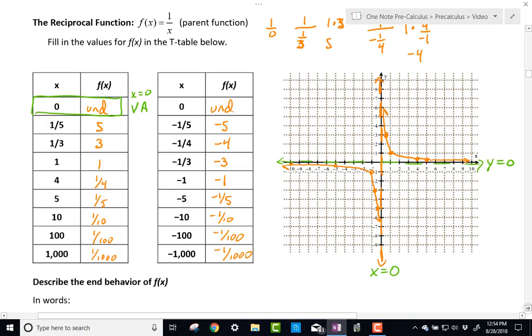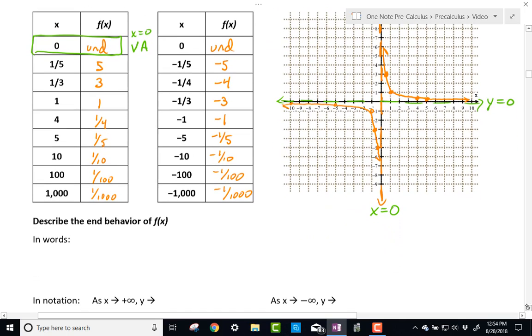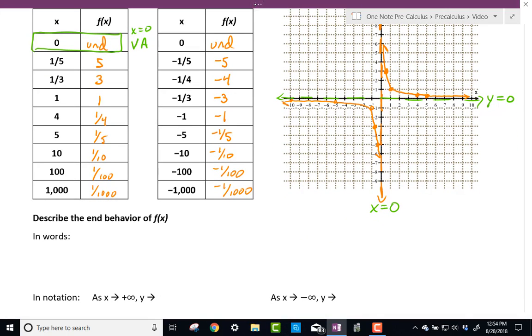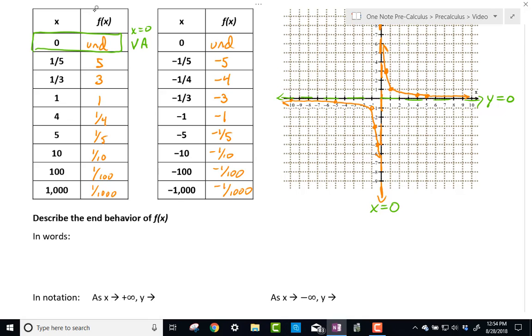All right, so here we go. Let's take a look. The next section talks about end behavior. It says, in words, describe the end behavior of f of x. Well, what do they mean by that?